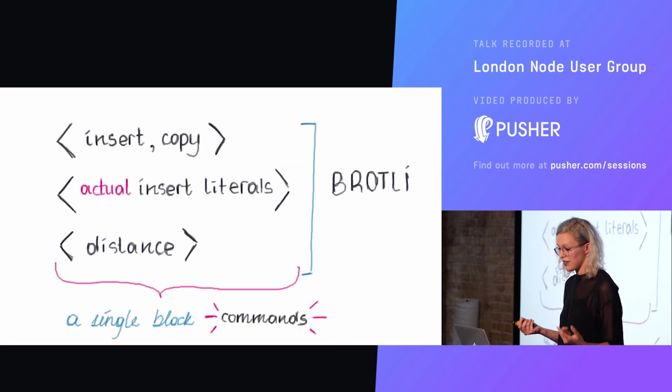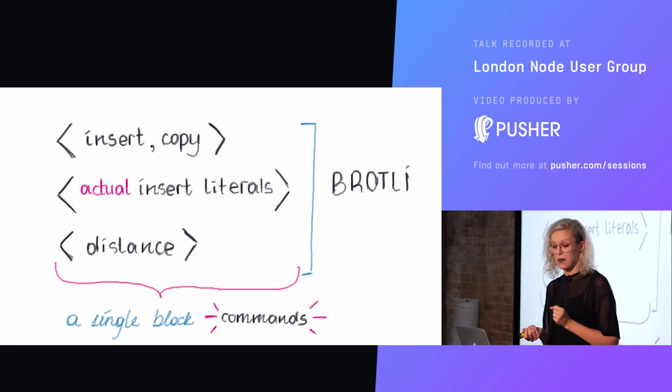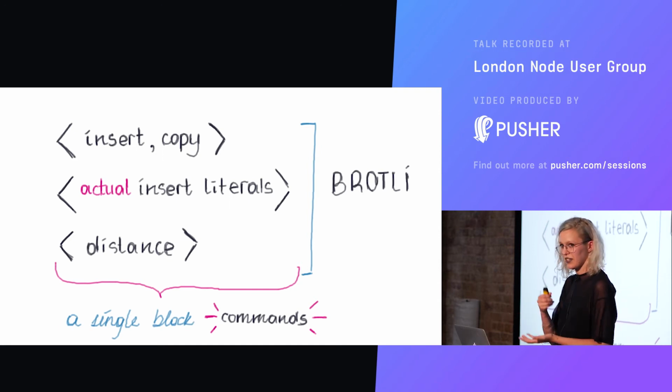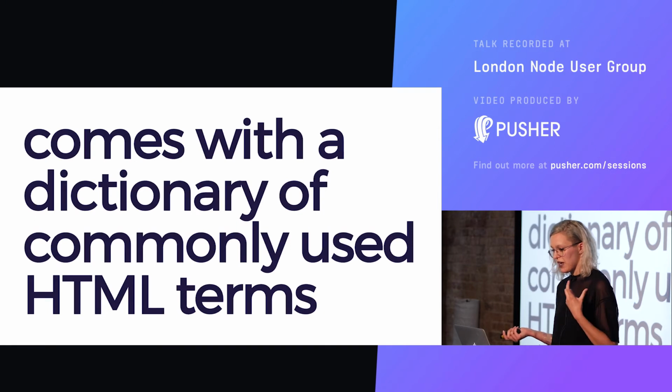And what Brotli does is that you actually work with commands rather than static blocks. So your actual insert literals are things that come back from dictionaries that are a lot more dynamic than they are in deflate, because deflate comes back with more static dictionaries. But the dictionary that comes with Brotli is specifically made for HTML terms.